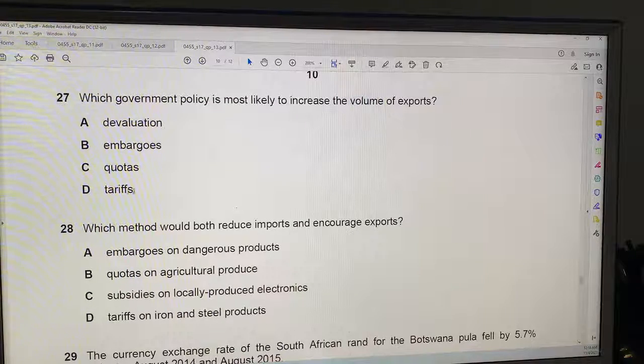And, a tariff is a tax on exports. So if other countries tax the exports of this country, then the volume of exports will fall. They won't increase. So the answer is clearly A.